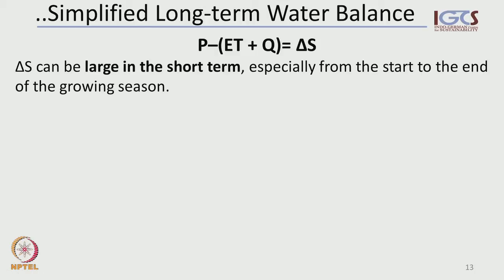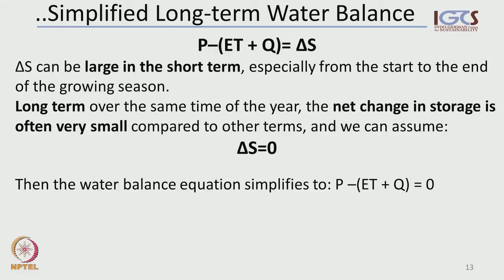You see that the change in storage is very relevant and very large. However, if we take long-term records and always compare the same periods, for instance, hydrological years, then the net change in storage becomes fairly small. And in such cases, we can set our change in storage to zero, only in such cases.